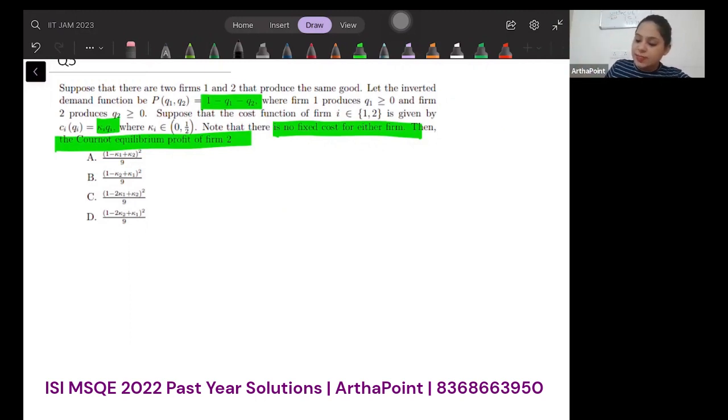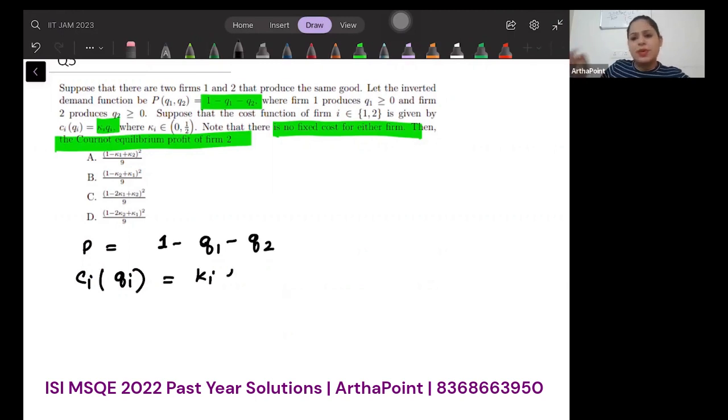So let's say that the price is given to us as 1 minus Q1 minus Q2, right? The cost function is given as KiQi, so it will be K1Q1 and K2Q2. Now this says find out the profit.